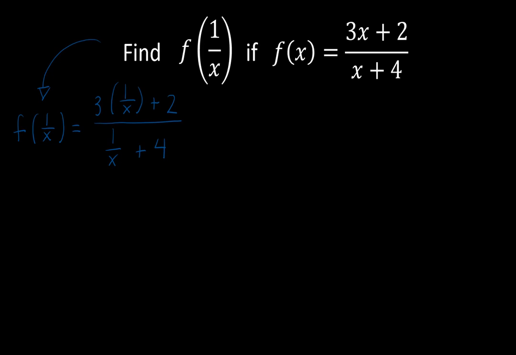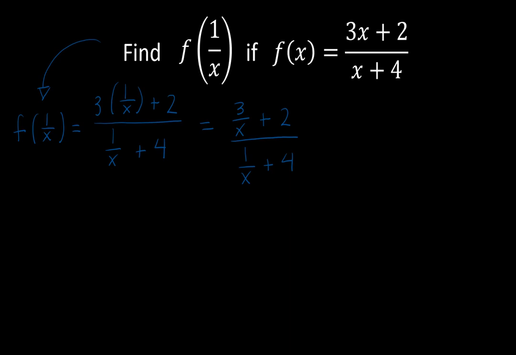This gives us 3 times 1 over x plus 2 in the numerator and 1 over x plus 4 in the denominator. Let's simplify the numerator just a little bit. If we multiply 3 times 1 over x in the numerator, we get 3 over x. So that gives us 3 over x plus 2 in the numerator. And in the denominator, we have 1 over x plus 4.